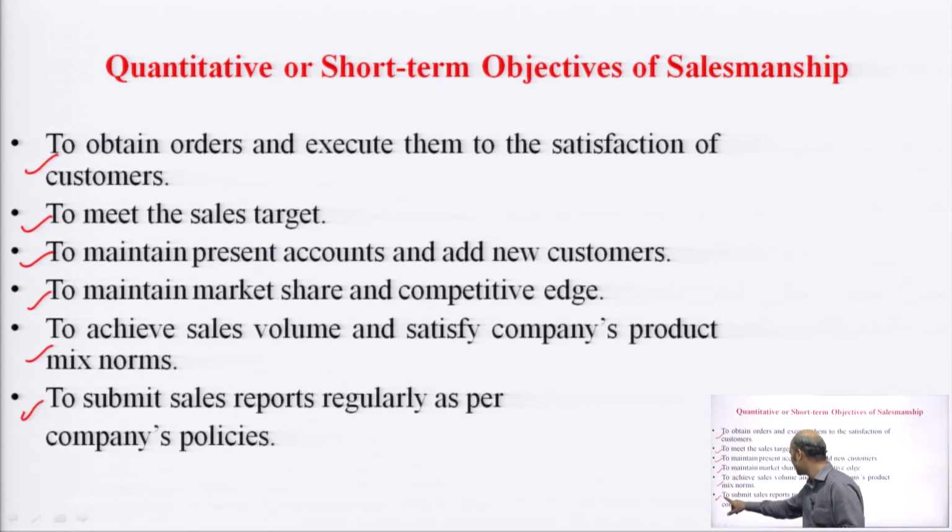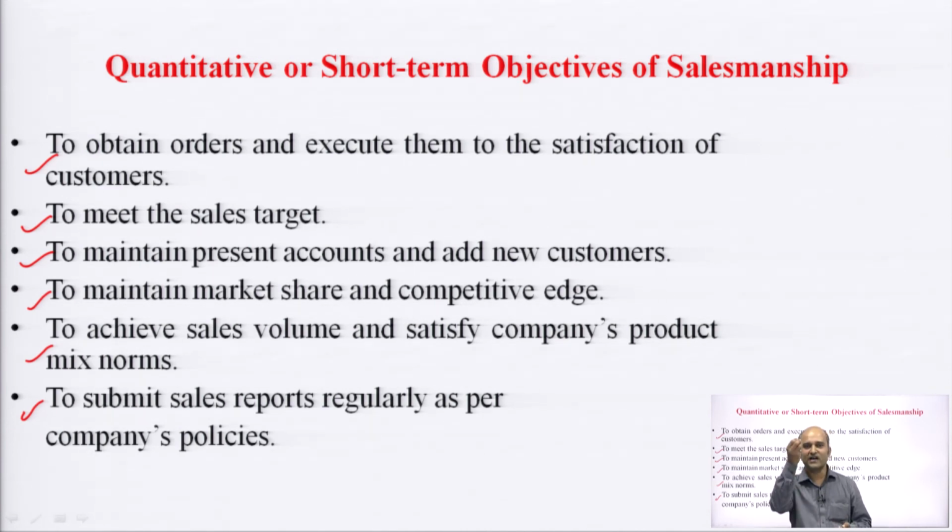To submit sales reports regularly as per the company's policies. There is a DSR, daily sales report, a WSR, weekly sales report, an MSR, monthly sales report, a QSR, quarterly sales report, a half yearly sales report, and an ASR, annual sales report.